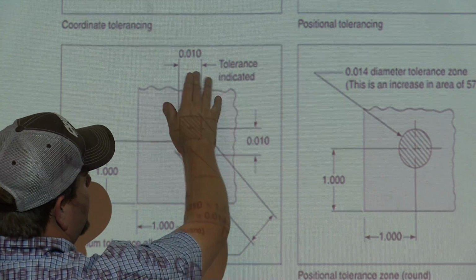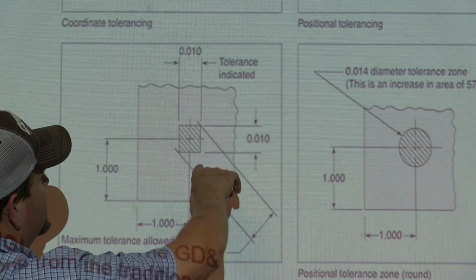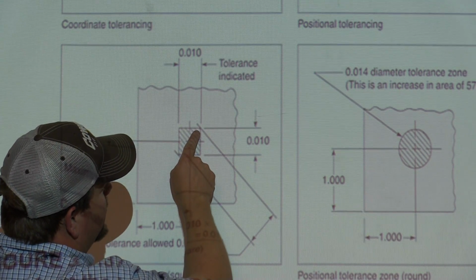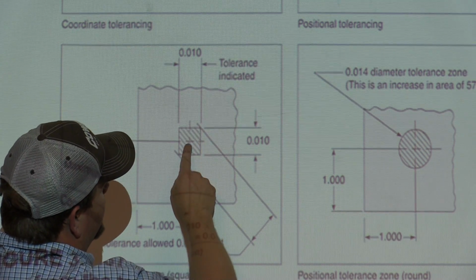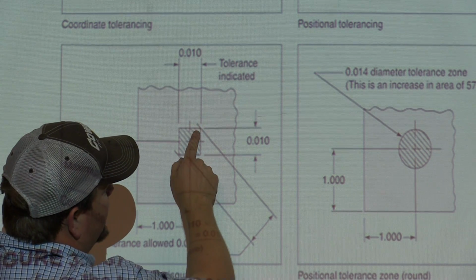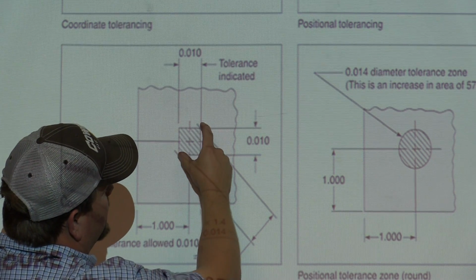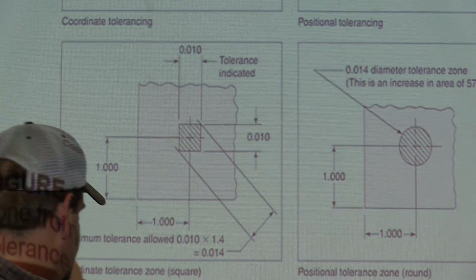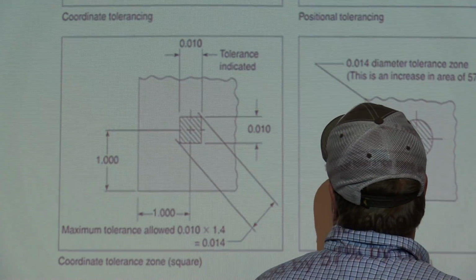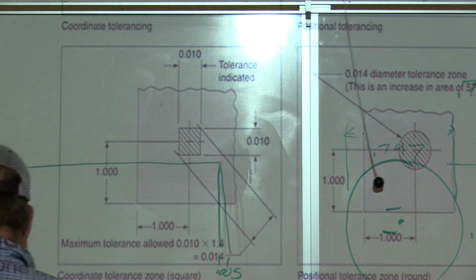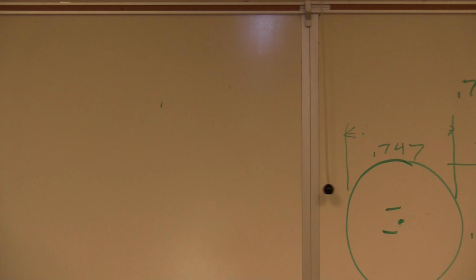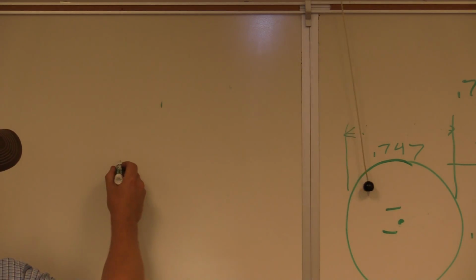A lot of times if you're outside of that up here, you might say, well, I'm not there. If we measure from here to here, it's 10, but this is actually going to be 14. Let me try to make sense of that. It doesn't do a very good job of explaining that. So let me break it down real quick.